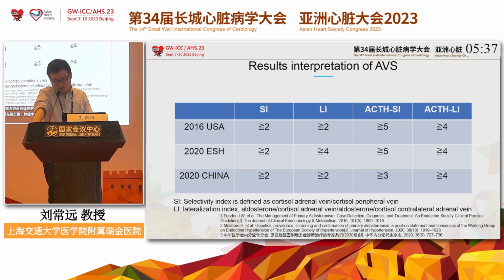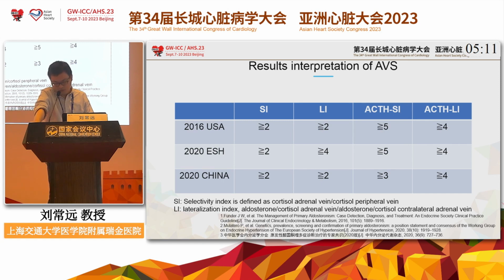But now, different countries may have different cutoff values for SI and LI. The suggestion was made to use an SI cutoff of 2.0 or greater for AVS performed under unstimulated conditions and 3.0 or greater for AVS performed during ACTH stimulation.